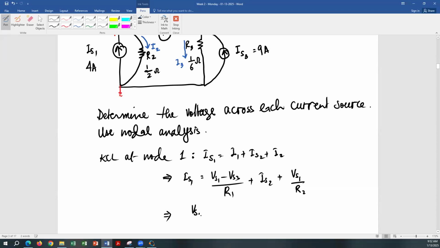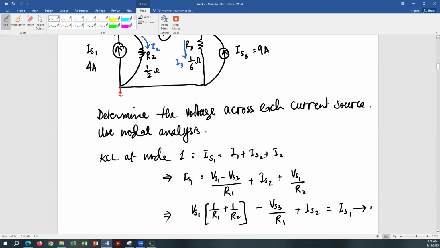So Vs1, 1 over R1 plus 1 over R2. 1 over R1 from the first term and 1 over R2 from the second term. So that's the coefficient of Vs1, minus Vs3 over R1, plus Is2 equals Is1.